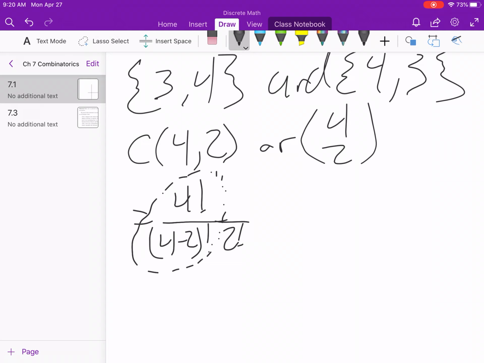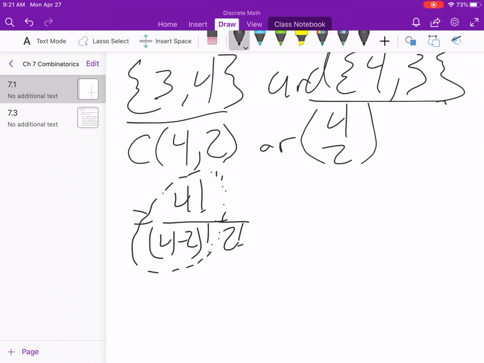I don't want to double count things where there's similarity, so I divide through again by 2 factorial because we're doing them 2 at a time, and that takes 3 4 and 4 3 into account. The same thing is true with 1 2 and 2 1. For all intents and purposes, when we're talking about combinations, they're the same thing.